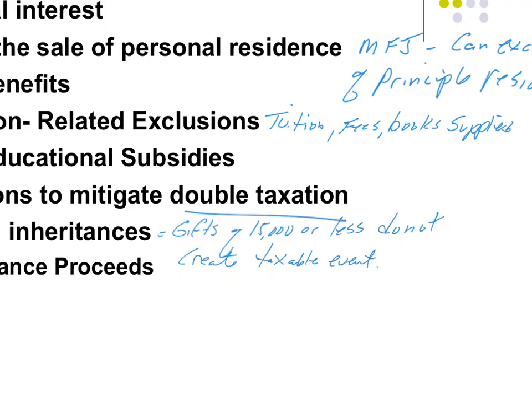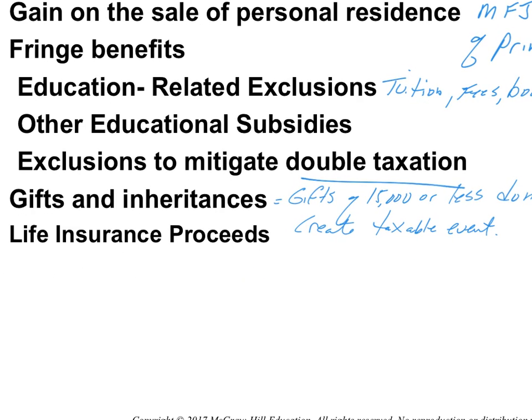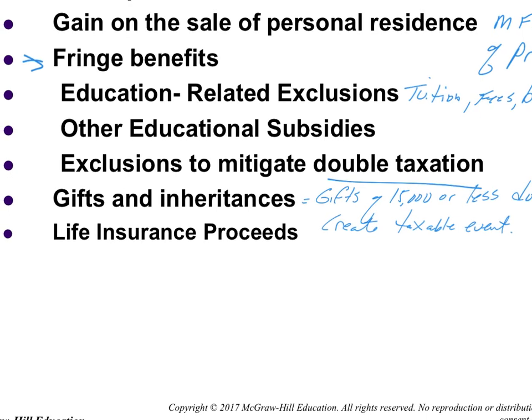event. All right, so let's pause a minute and talk about gifts. Okay, I find that lots of people misunderstand the taxation around gifts. Okay, I could decide right now to give every single one of you in class $15,000. Okay, if I give every single one of you $15,000, you guys walk away $15,000 richer.